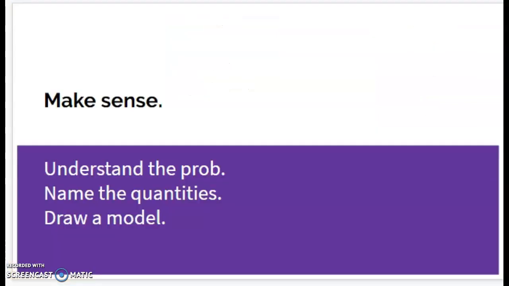Remember, Chinook mathematicians always make sense of the math, the situation, the bar model, the equation. You try to understand the problem, you name the quantities, you draw a model. You can read the problem 2 or 3 or more times if you need to.